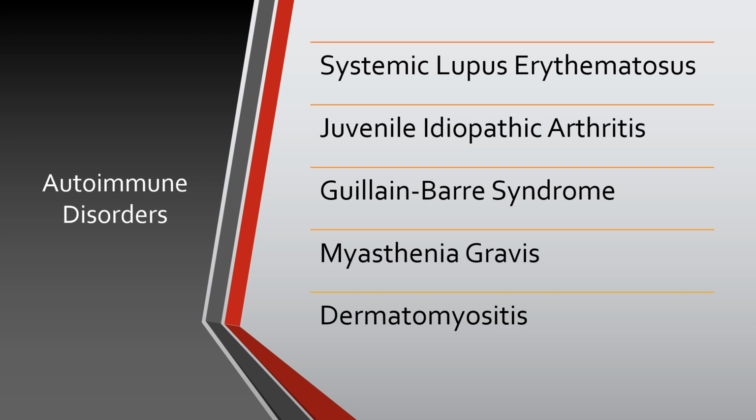So autoimmune disorders include systemic lupus erythematosus, juvenile idiopathic arthritis, Guillain-Barré syndrome, myasthenia gravis, and dermatomyositis. We are going to focus on systemic lupus and juvenile idiopathic arthritis for this chapter.